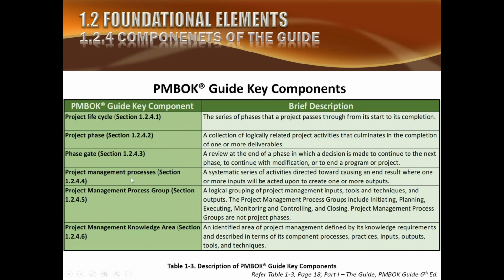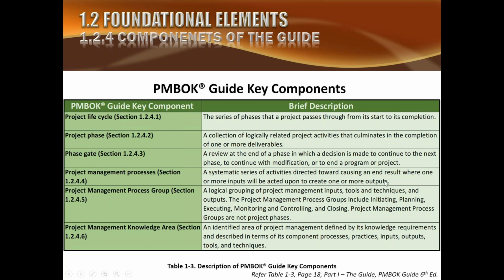Then we have project management processes. We have been talking about the project management processes. We said there are 49 such processes, and I will be explaining each one of them to you. This is a systematic series of activities directed towards causing an end result where one or more inputs will be acted upon to create one or more outputs.